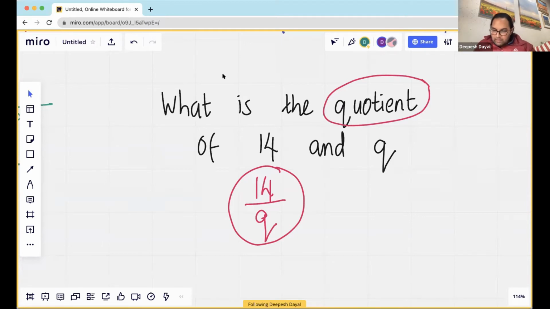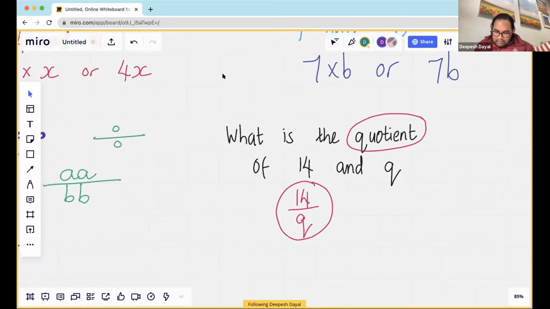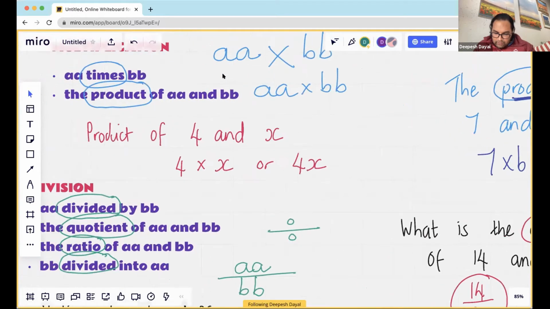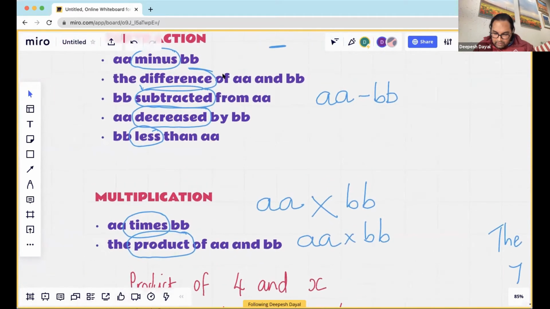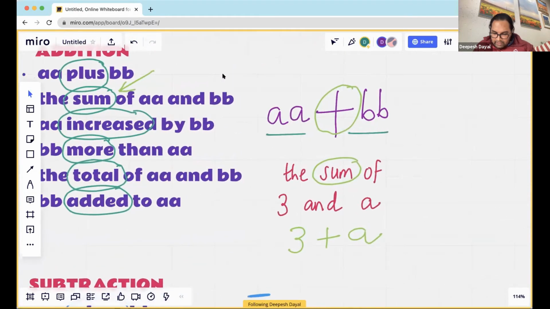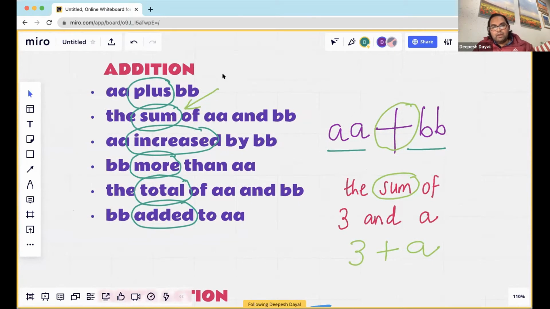Okay, so let's have a recap before we try some more examples. I'm going to go back to all of them. So we're going to go to the addition. Just looking at the keywords again, addition was sum, more, total, added or plus.